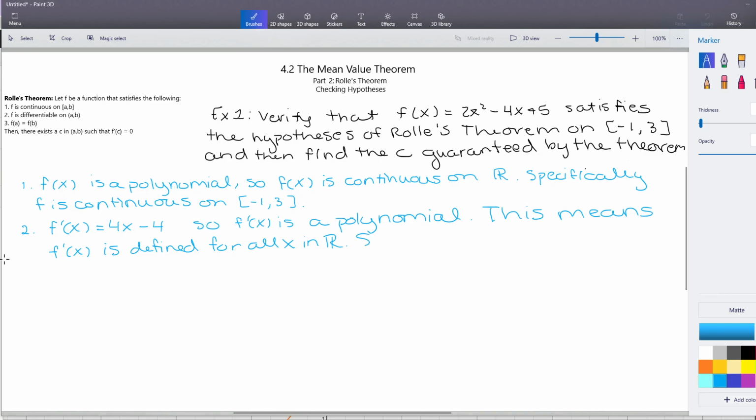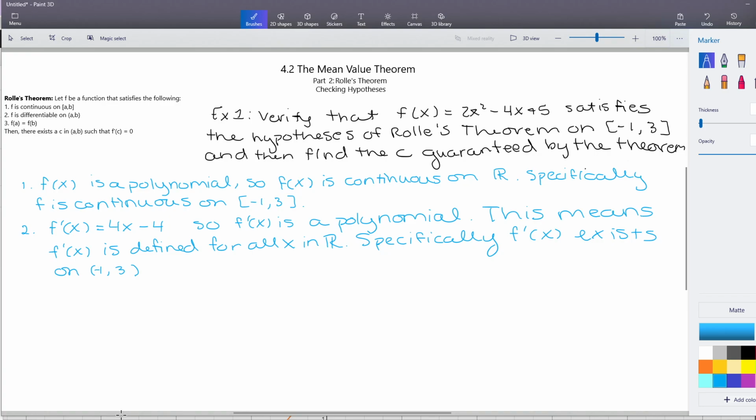Okay? Specifically, the one that we are interested in, f prime of x exists on the open interval -1 to 3, okay? Remember, saying that f is differentiable and saying that the derivative exists mean the same thing, okay?